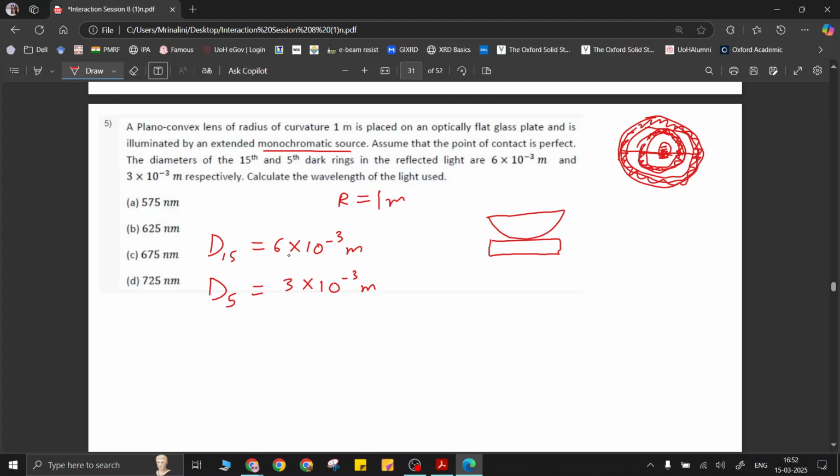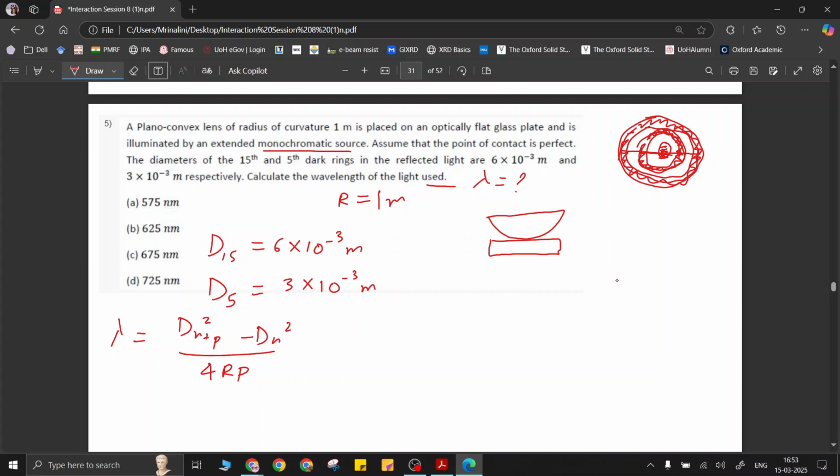Now we have to calculate the wavelength of light used. As we were discussing, if we know the radius of curvature we can find the wavelength, or vice versa. Here we have been given the radius of curvature, and we need to find the wavelength. Recall the formula: lambda is given by D n plus p square minus D n square, divided by 4r multiplied by p. What is p?